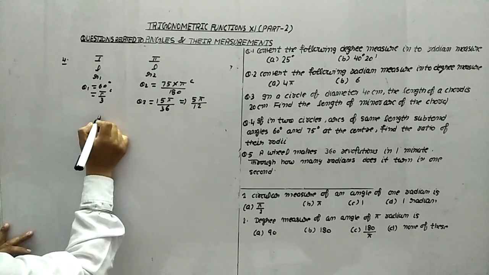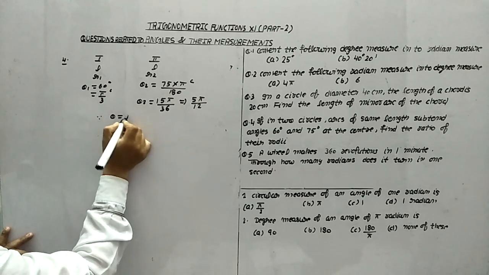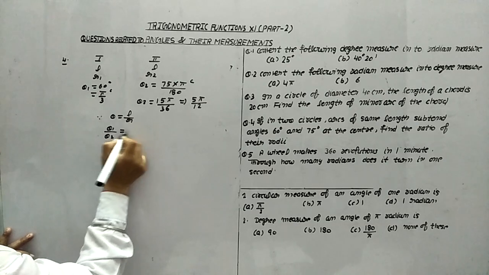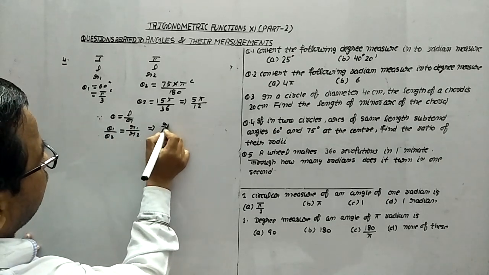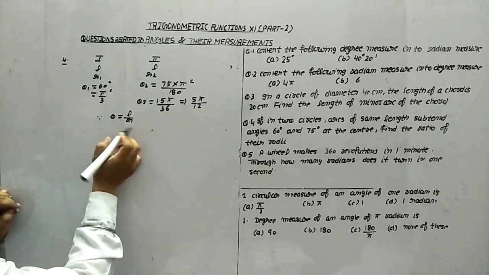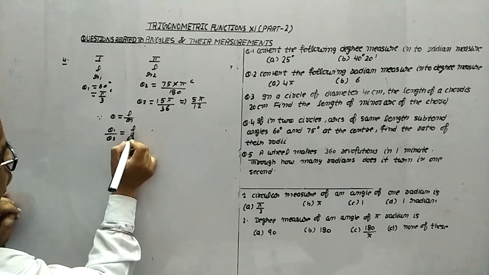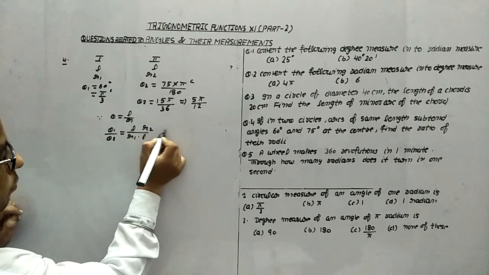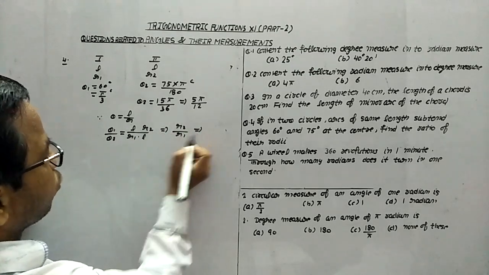Now we have to find out the ratio of their radii. Because theta is equal to L upon R, therefore theta 1 upon theta 2 is equal to L upon R1 over L upon R2. It means this becomes R2 upon R1. Now put the values.